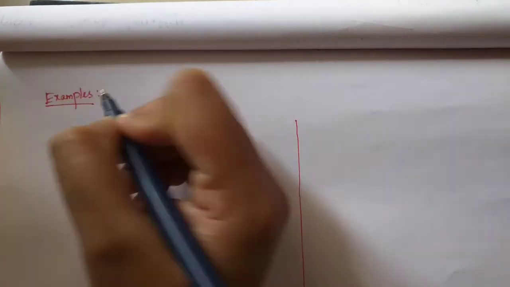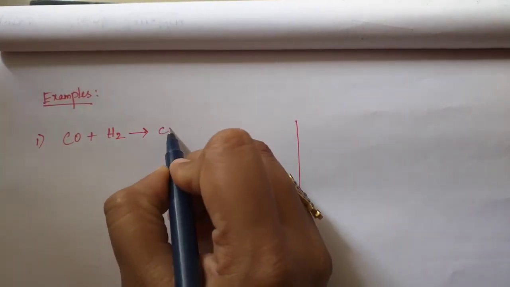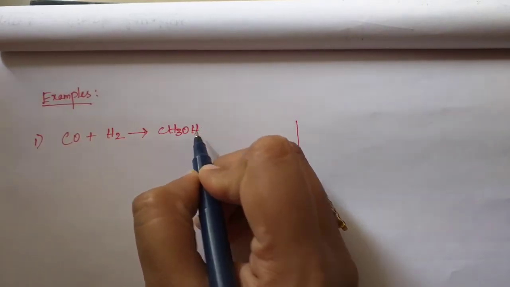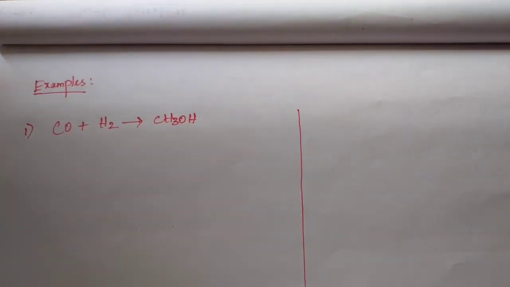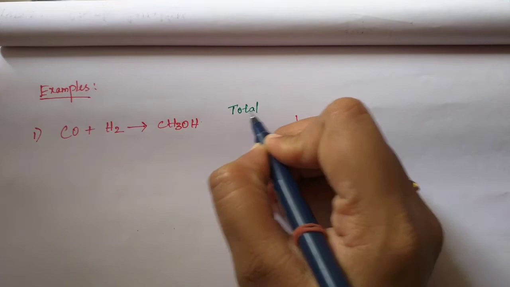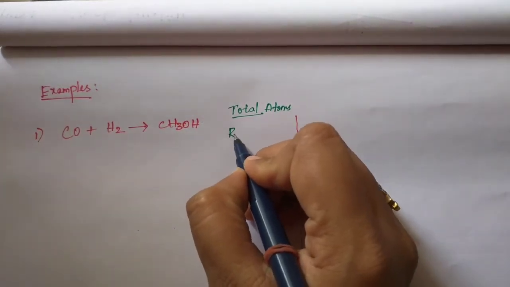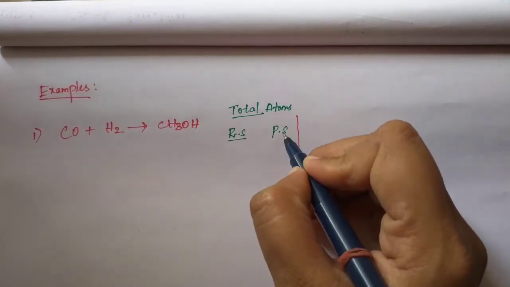Example 1. A few examples I am discussing today. First example, carbon monoxide reacts with hydrogen, it gives methanol. Trick number 1, you have to count the number of atoms in reactant side and product side.